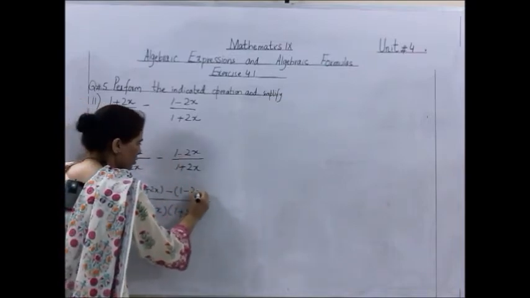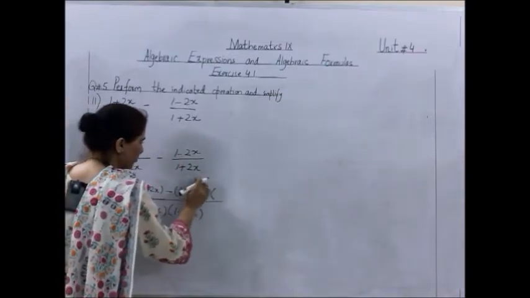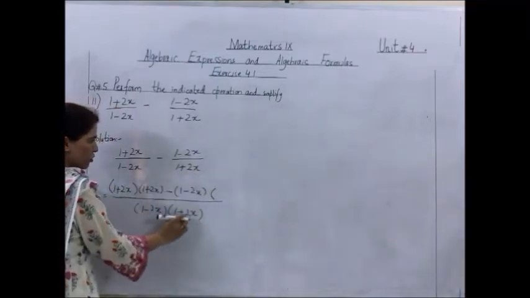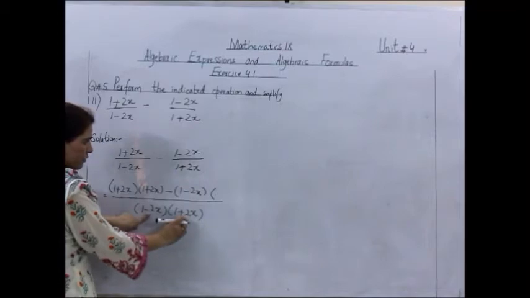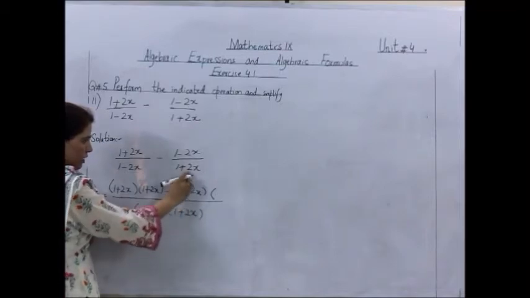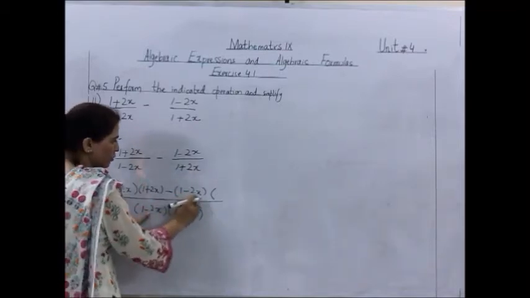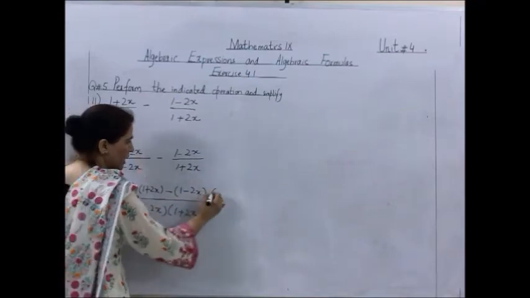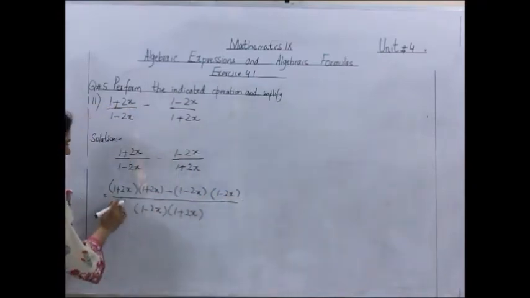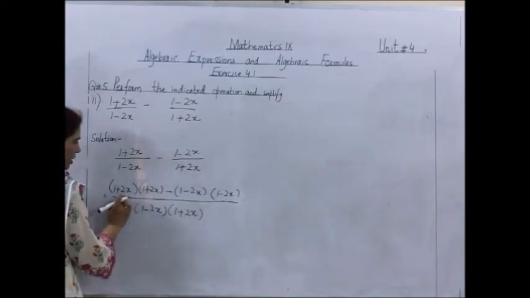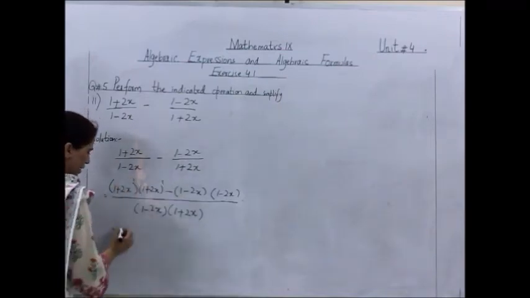This 1 minus 2x will be multiplied with, see, 1 plus 2x, these two are the same and this is different, 1 plus 2x, these two are the same and this 1 minus 2x will be multiplied by this 1 minus 2x. Okay, see, bases are same, powers will be added.